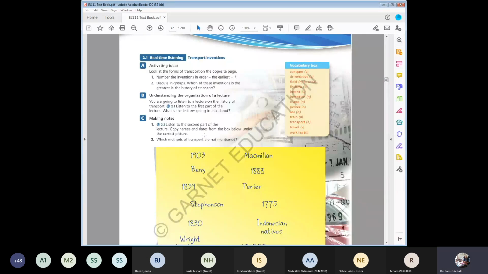We can say this car is the most expensive in this car dealership, or this car is the least expensive. Okay, are you getting the idea? The opposite, yeah. Okay. Yes, doctor. Okay.